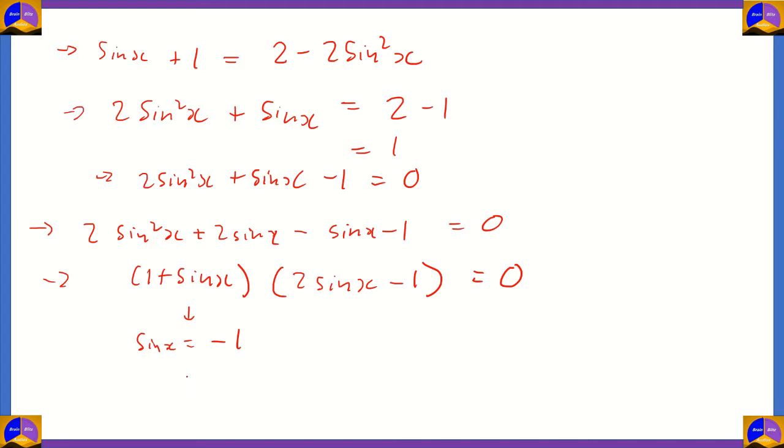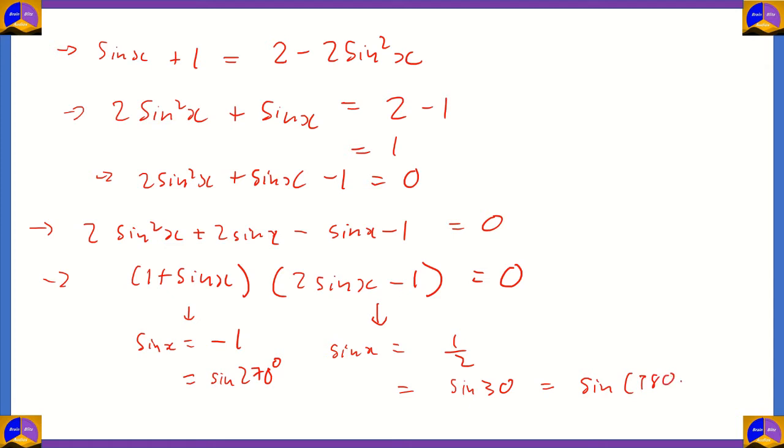So when sine x is equal to minus 1, it will be sine of 270 degrees. So minus 1 is equal to 270 degrees. When 2 sine x minus 1 equals 0, 2 sine x equals 1. So therefore sine x equals 1 by 2. So that means it is equal to sine of 30, and it's also equal to sine of pi minus 30.